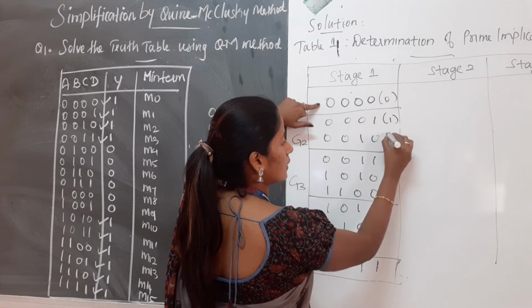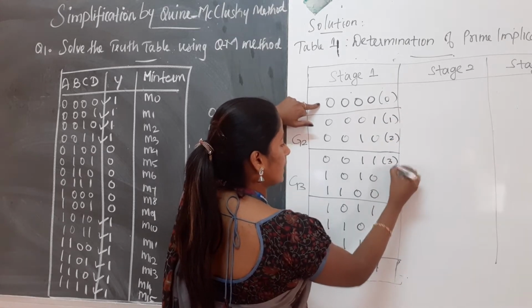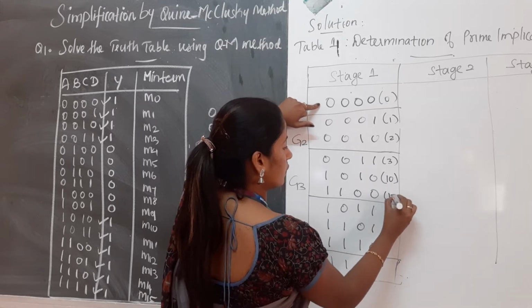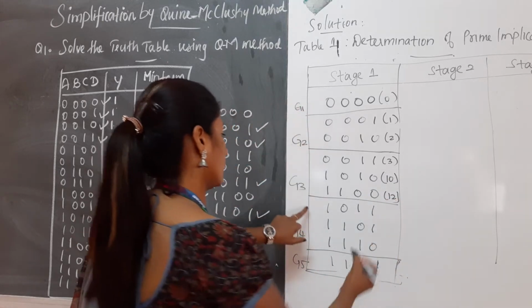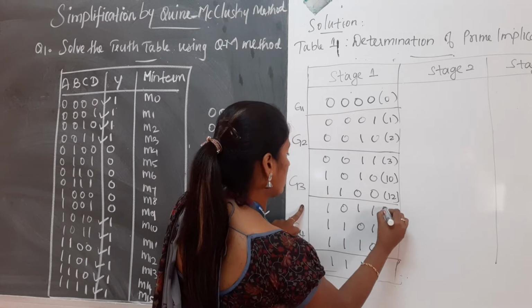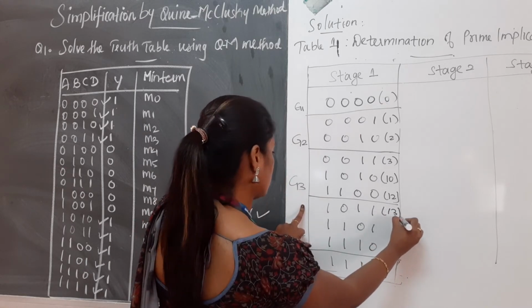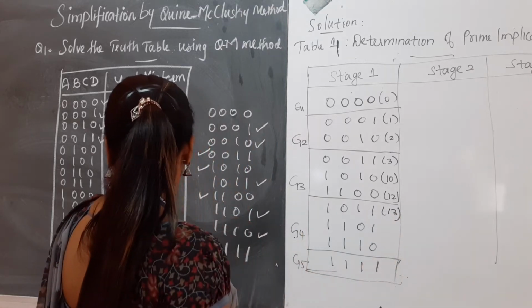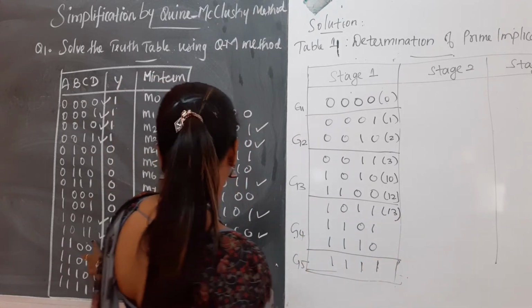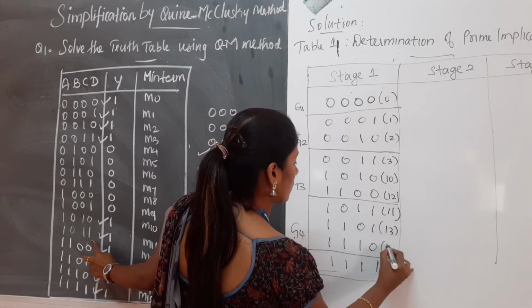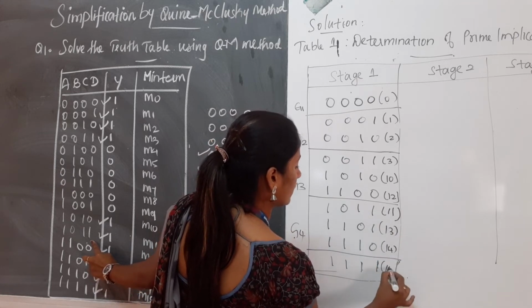Then this is 1, this is 2, this is 3, this is 10, this is 12, this is 13, 11, 13, 14, 15.